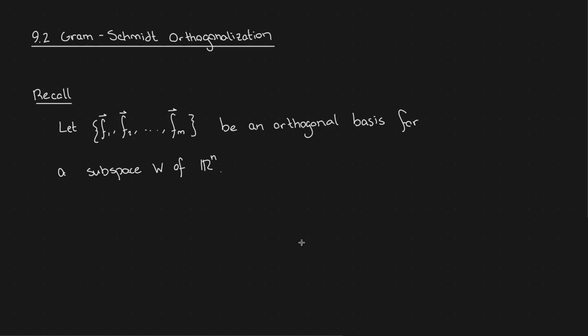Okay, so what we're going to do now is take a vector x in Rn. Then the projection of x onto subspace W is just going to be the sum of the projections of x onto each one of the vectors in the orthogonal basis.